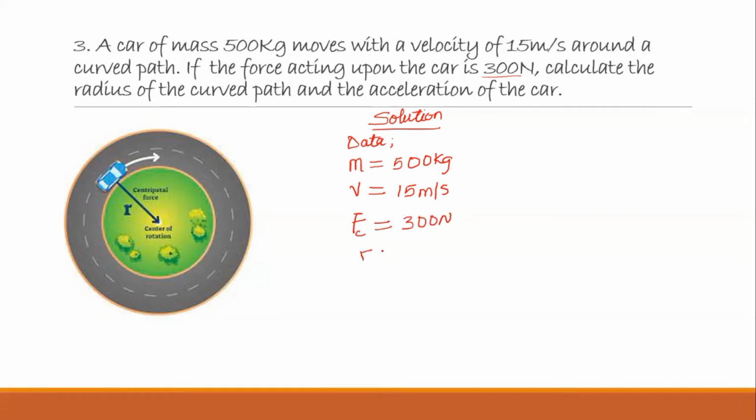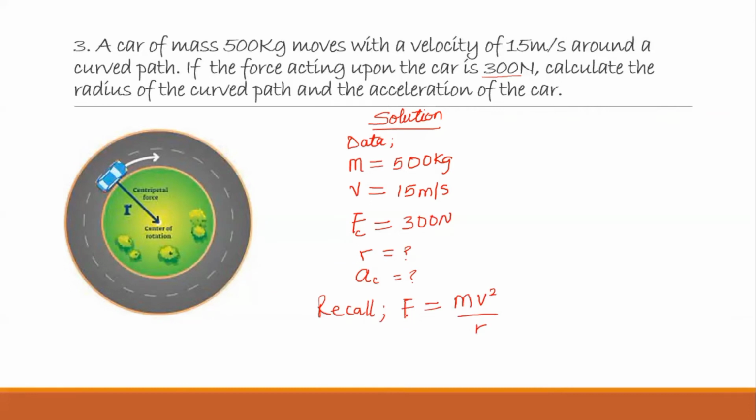I'm looking for the radius R and the acceleration of the car, which is the same thing as the centripetal acceleration of the car. I don't know. But recall the formula that we have: F is equal to mv squared all over R.